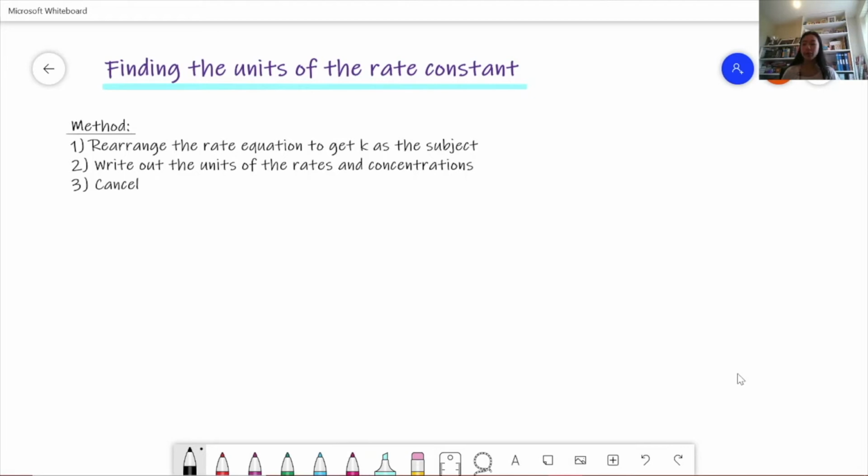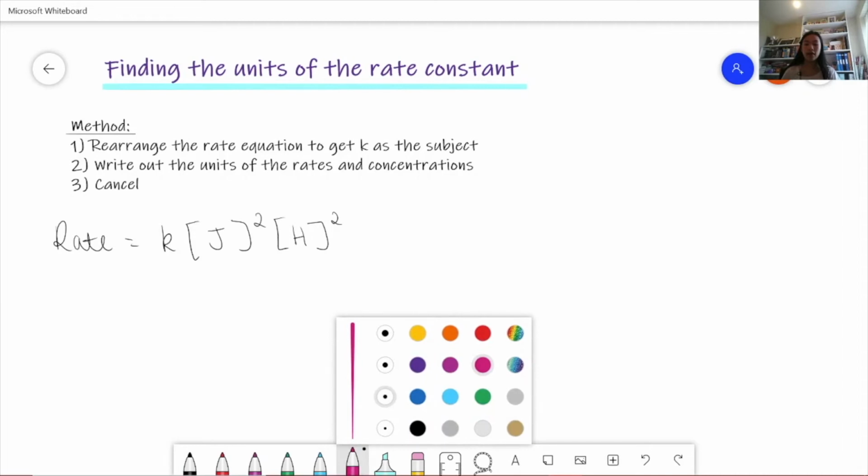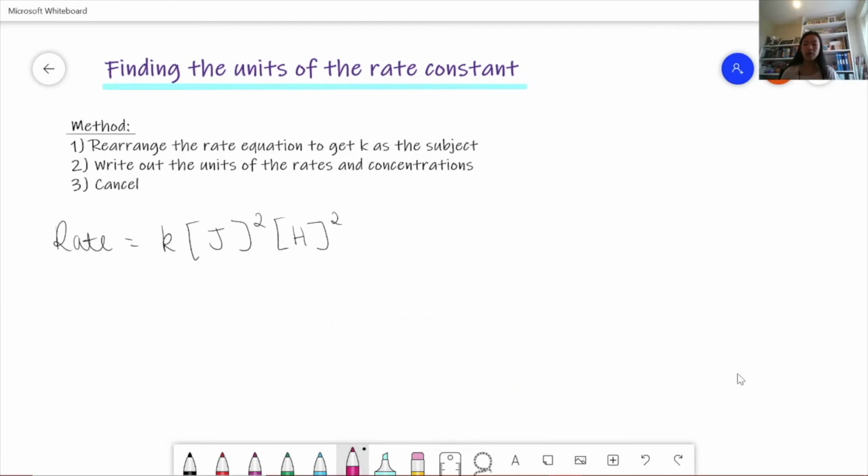So for example, if we had rate equals K times the concentration of J squared and then the concentration of H squared, what we would do first is rearrange to get K as the subject.